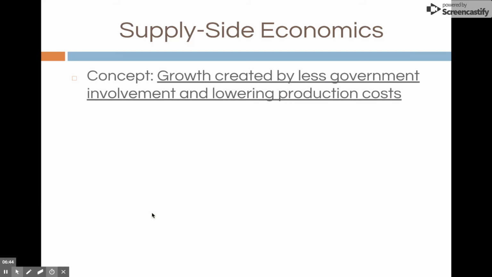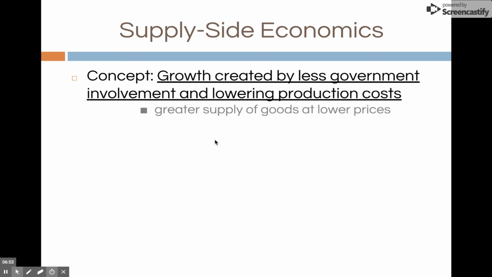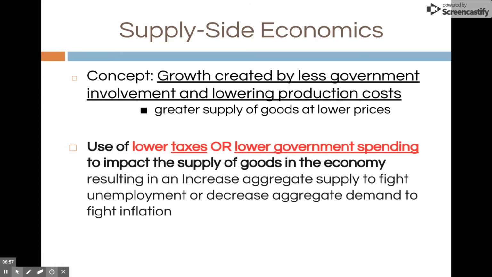Versus a Republican-supported idea is this idea of supply-side economics. It really came out of the Reagan administration. And the idea is that by either lowering taxes or lowering government spending, we can do the same thing on the economy.